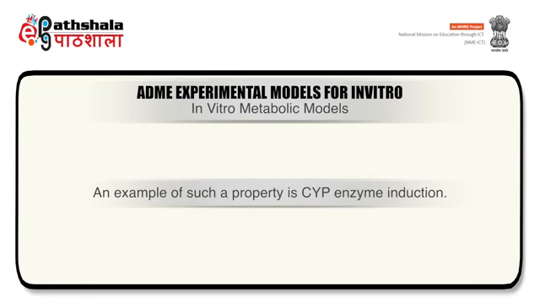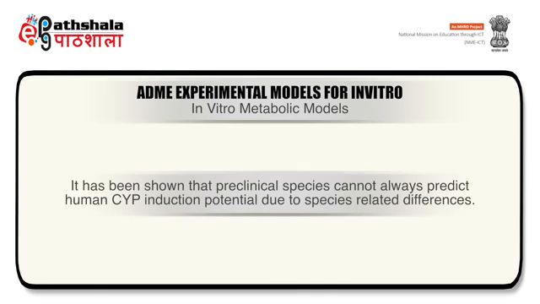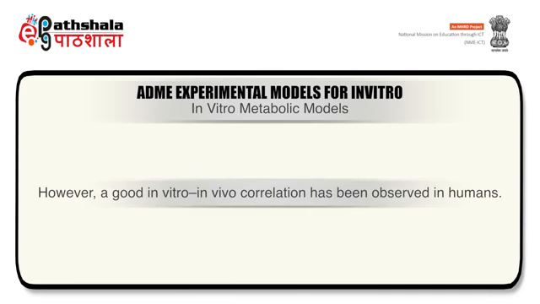An example of such a property is CYP enzyme induction. It has been shown that preclinical species cannot always predict human CYP induction potential due to species-related differences. However, a good in vitro in vivo correlation has been observed in humans.